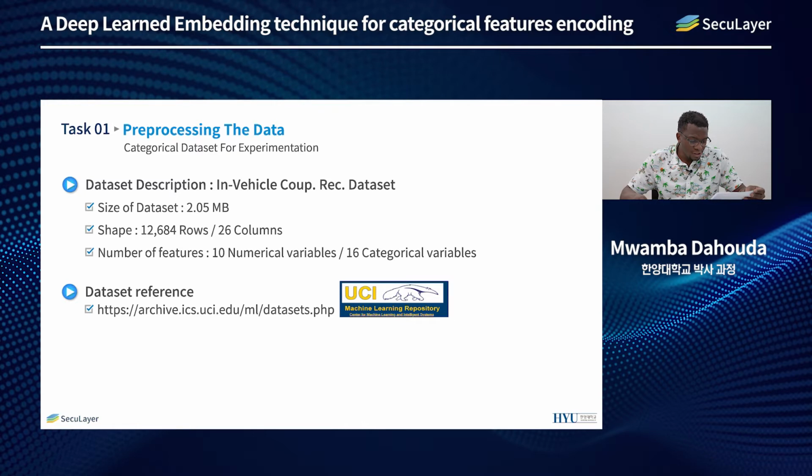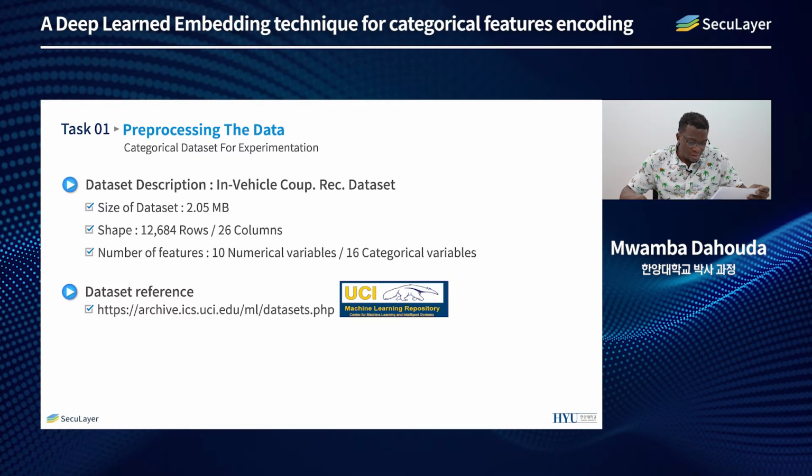The first stage is very important because preprocessing the data is one of the major steps when we are dealing with any kind of text model. We first start by splitting the data into 2 subsets: numerical data and categorical data.